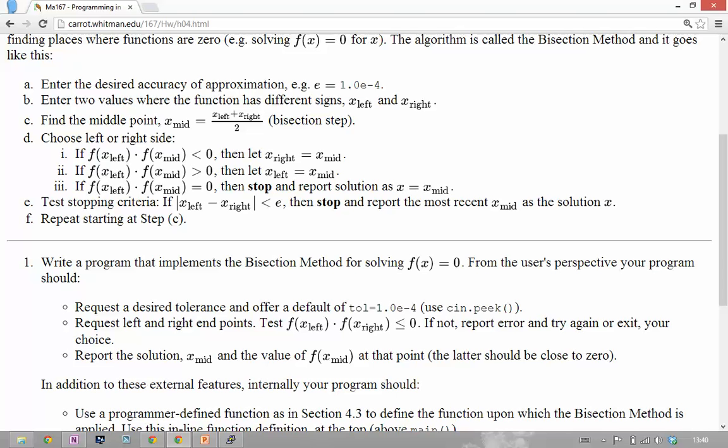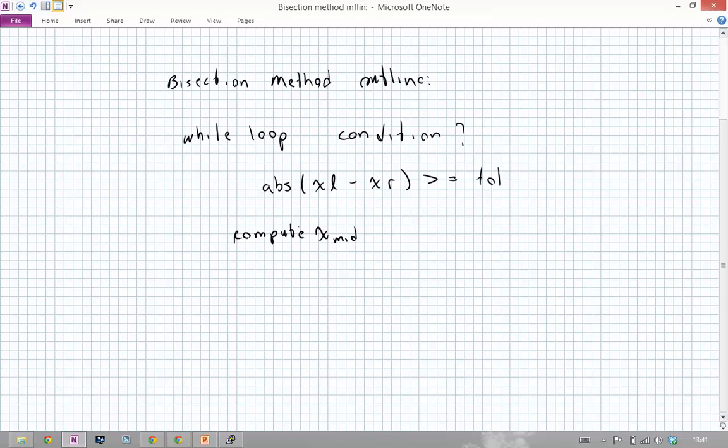Actually, xm. So let me just sketch out something. If f of xl times f of xm is less than 0, say, I might be messing that up, hold on, less than 0, good.